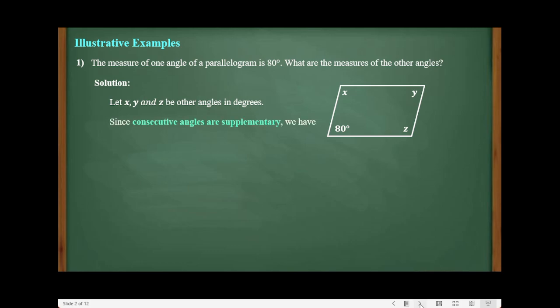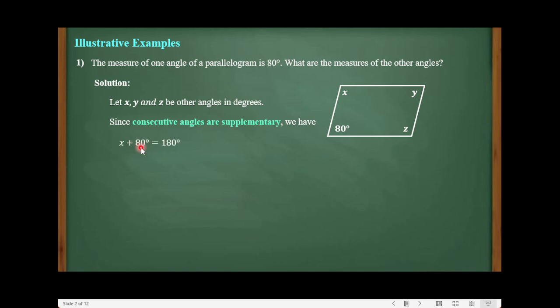To solve this problem, we apply some properties, particularly the relationship of any consecutive angles of a parallelogram. Based on the property, in a parallelogram, consecutive angles are supplementary. Therefore, we can set up this equation.